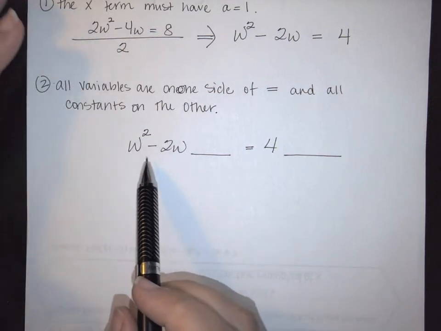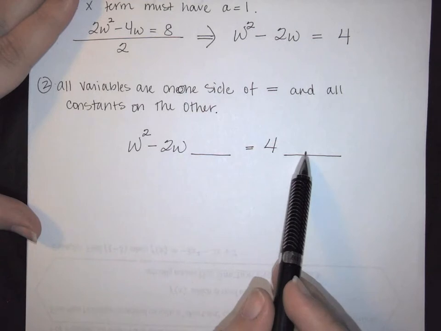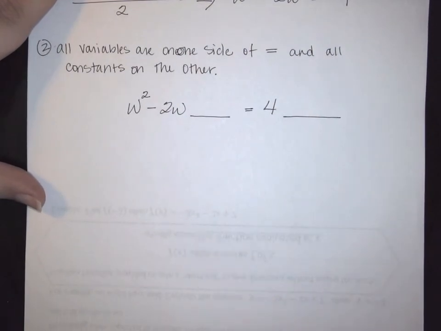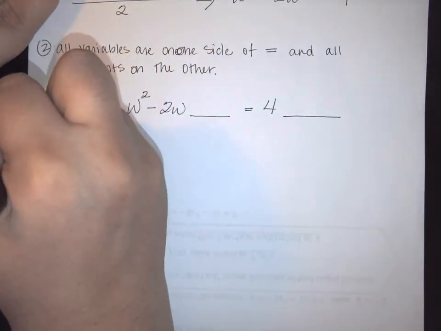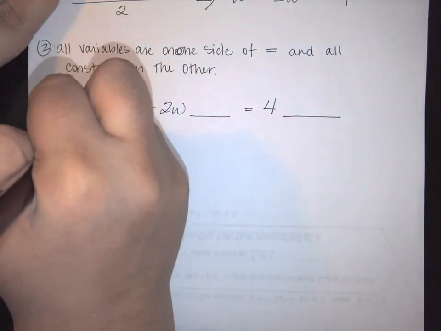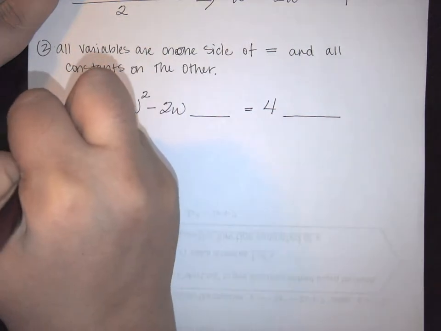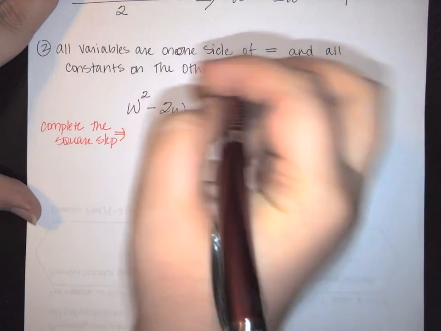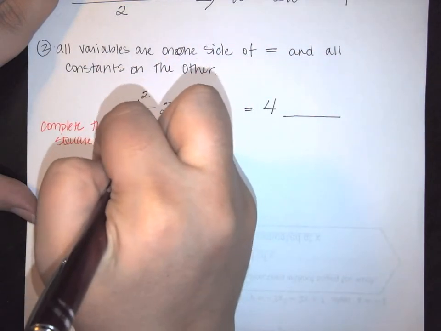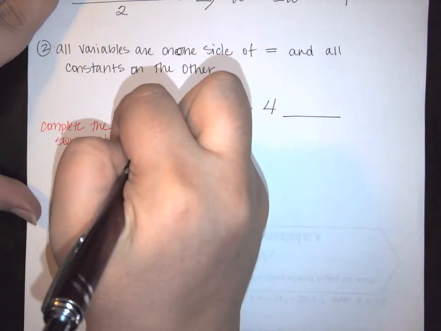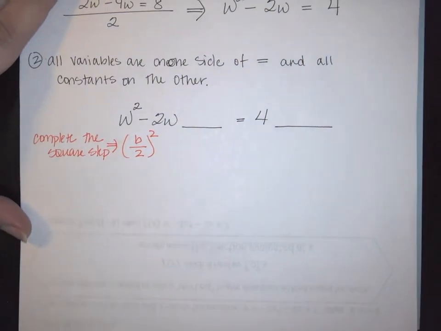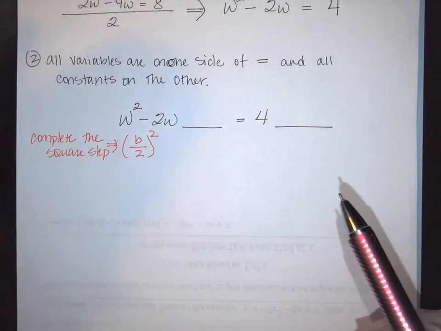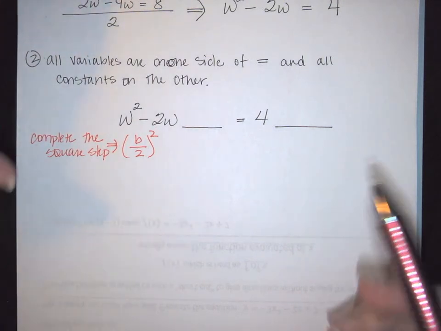In order to figure out what goes in these blanks, I have to do the complete the square step, which says that we are going to take b divided by 2 and then square it. When I do the complete the square step, I like to do these next 4 parts every single time because I basically do everything I need to do at once.